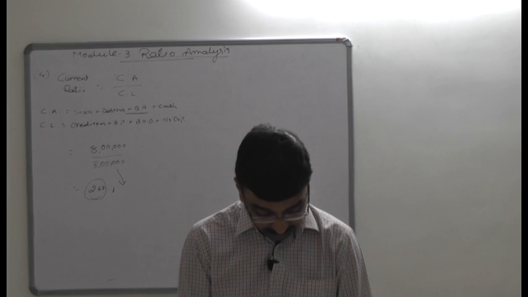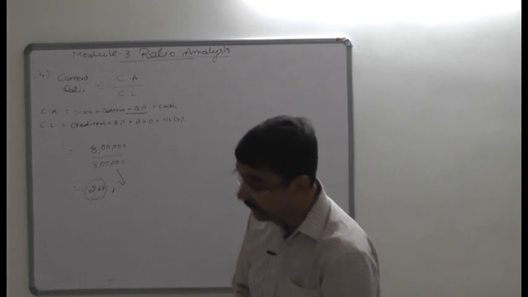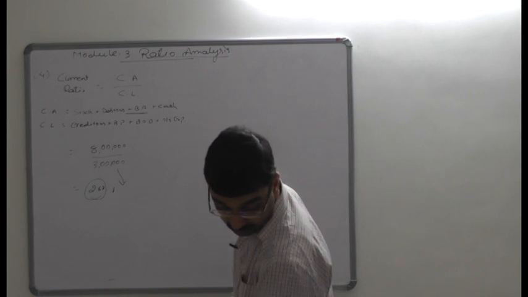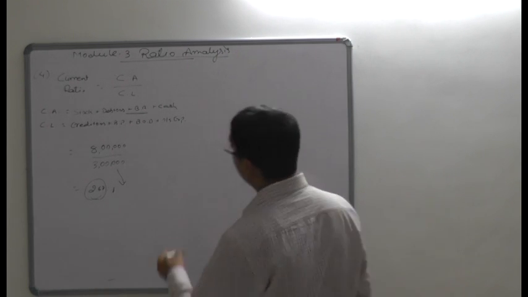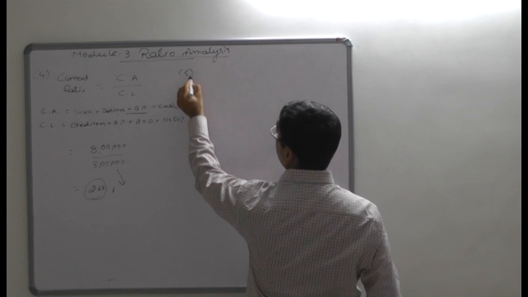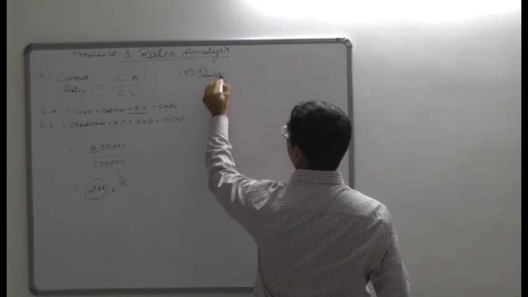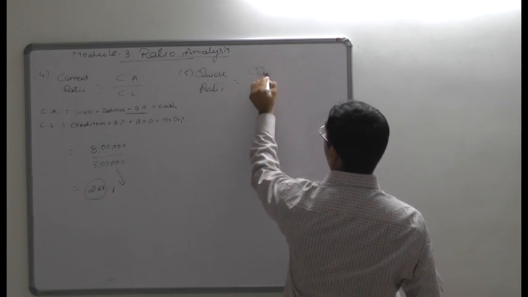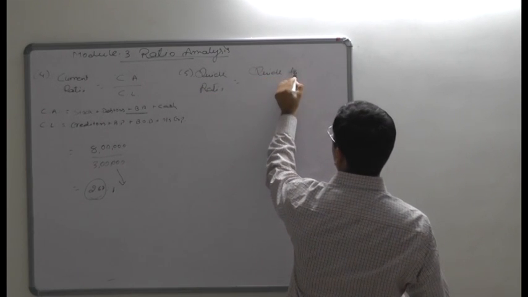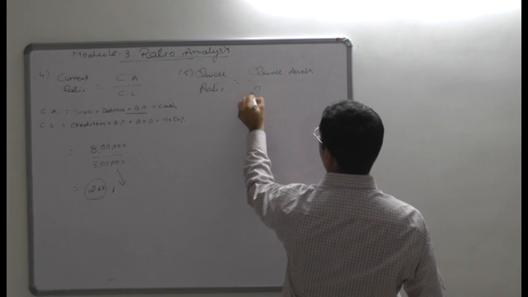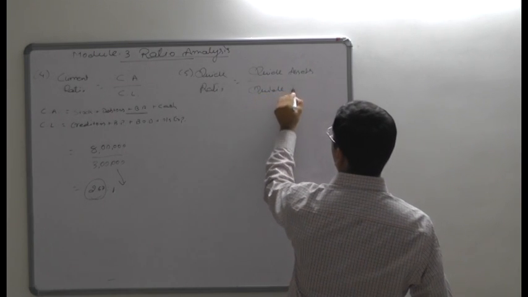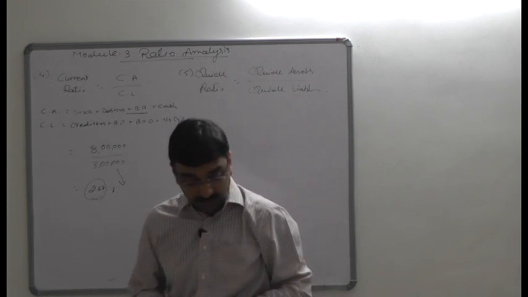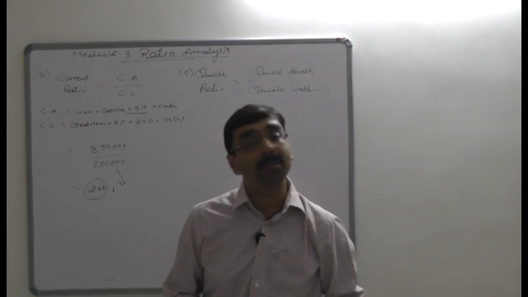Moving to the next ratio, that is the quick ratio. The quick ratio is actually considered on the basis of quick assets divided by quick liabilities.